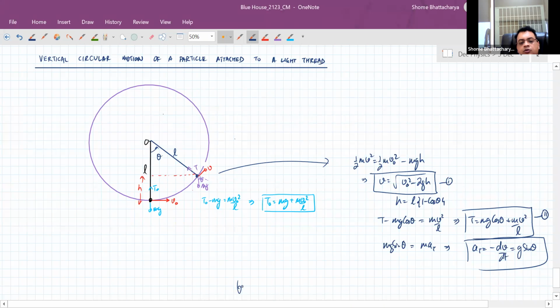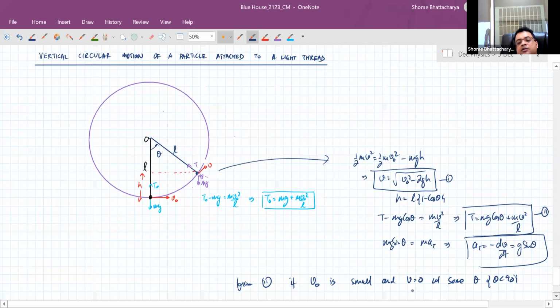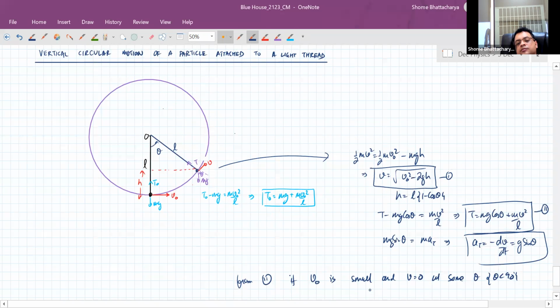Now from equation 2, you can see that if v naught is small and v becomes 0 at some theta less than 90 degrees, then the particle momentarily stops. But the tension is non-zero at that point, because tension is equal to mg cos theta if v becomes 0 at some point.